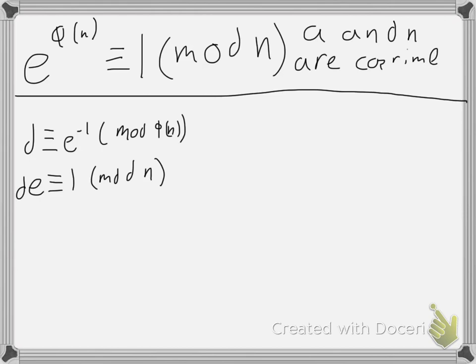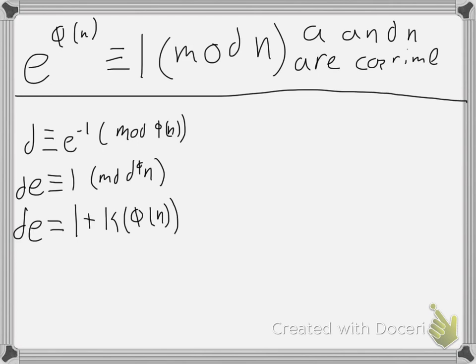We don't know what k is, but let's just pretend we have this hypothetical integer. You can rewrite this expression as de is equal to 1, this modular remainder, plus our unknown integer k. I forgot the phi back there. Our modular integer k times our modulo, which currently is phi n.